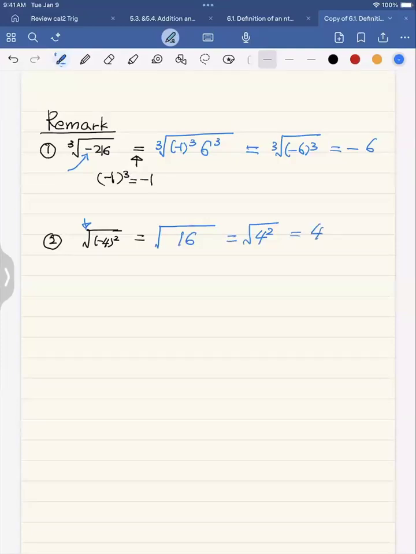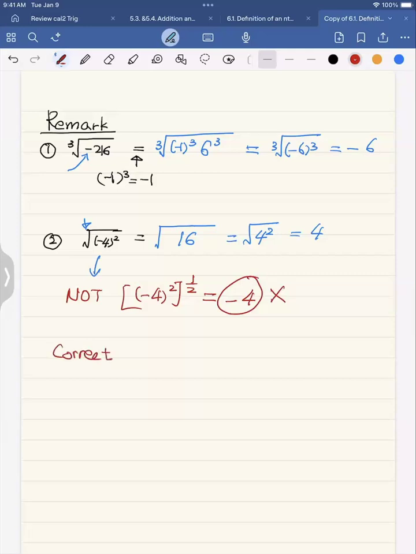So the important point is that this one is not negative 4 squared to the 1/2 power, because then you will end up getting a negative number, and that is not correct. What is correct will be the absolute value of negative 4 squared to the 1/2 power, and these two will cancel each other, and the absolute value of negative 4 is 4.